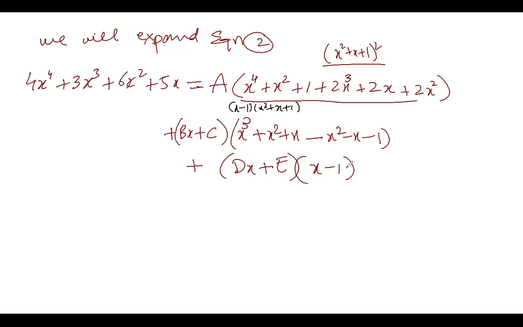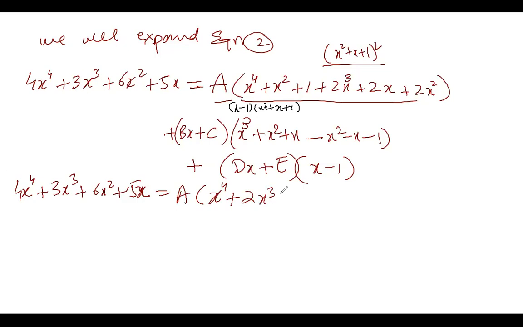Now students, x4 plus 3x cube plus 6x square plus 5x. Now I am going to arrange this: a into x4 plus 2x cube plus 3x square plus 2x plus 1. This will be together.